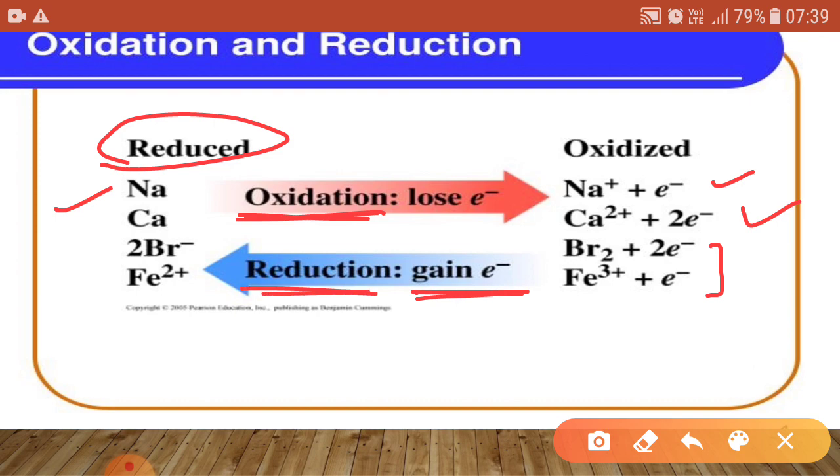So here reduction is going on, meaning they get oxidized. We can relate these two terms, oxidation and reduction, with the oxidizing and reducing agent in this manner. If there is an oxidation, then they act as a reducing agent, and if there is a reduction, then they will act as an oxidizing agent.